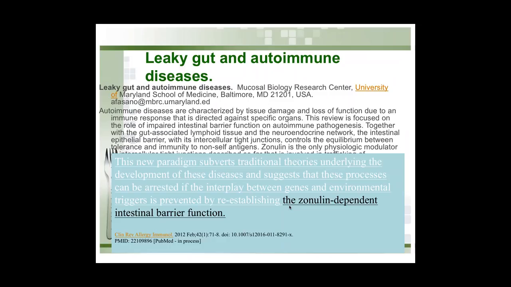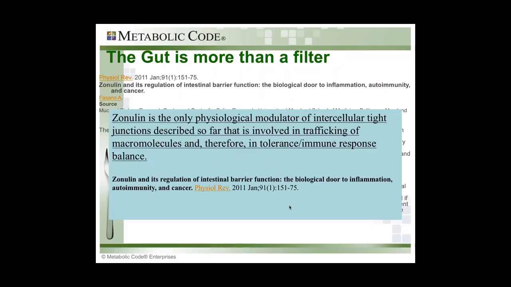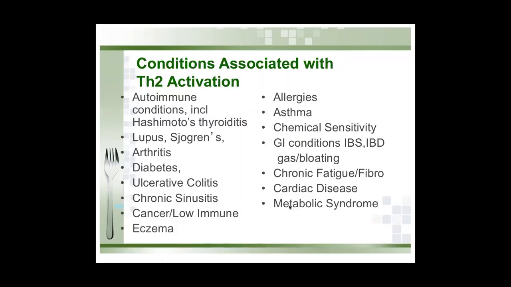So when it gets overproduced, that's another factor that can break down tight junction proteins. It's not just histamine. It was one of the first substances that got focused on in this issue of what's come to be called leaky gut. And you'll see why this is important in a minute.